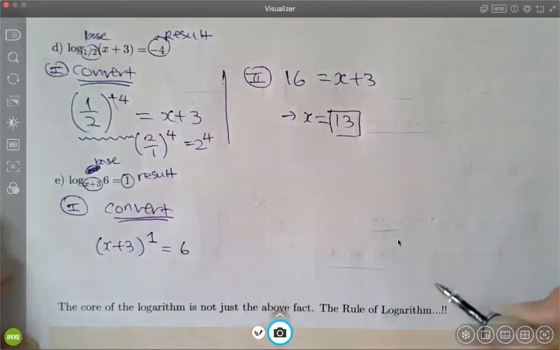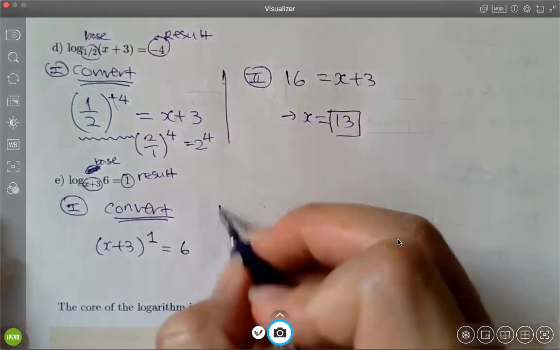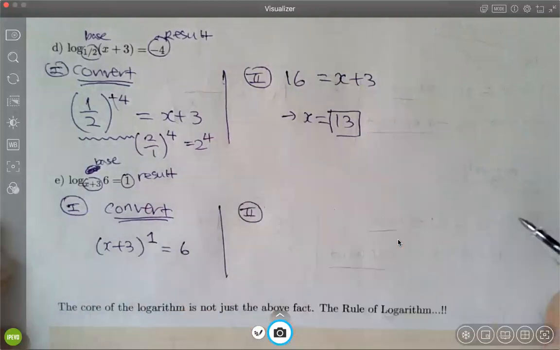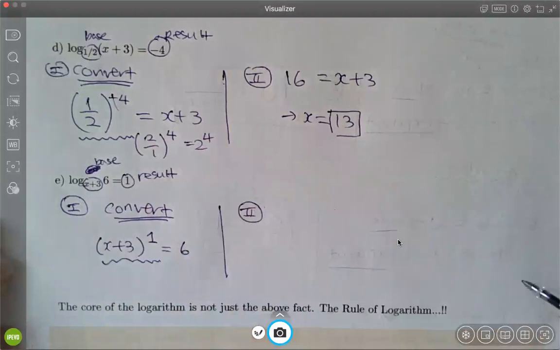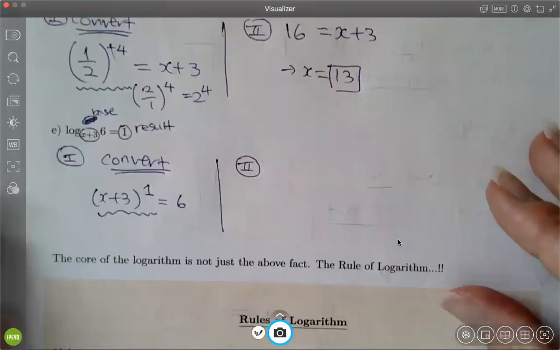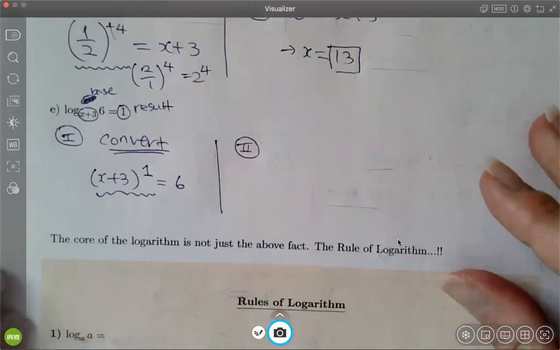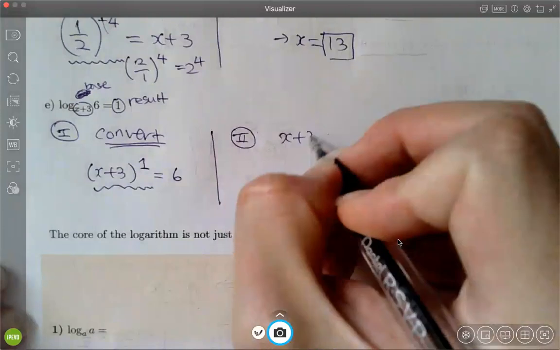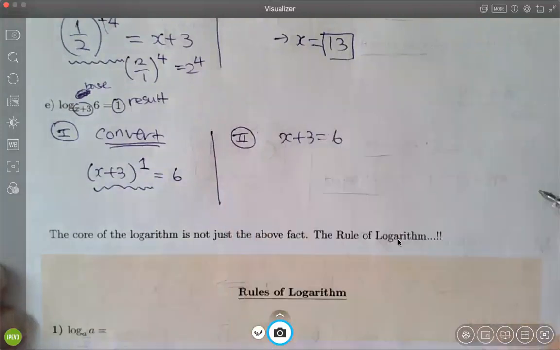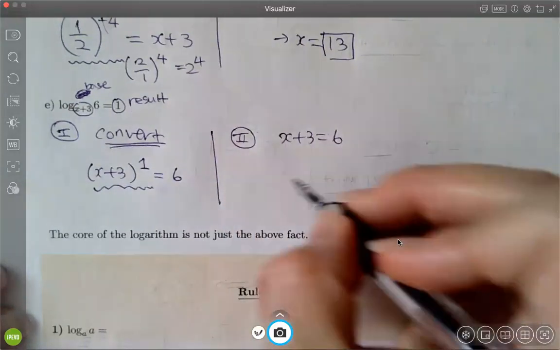What is x plus 3 to the first power? It's x plus 3, right? Anything to the first power is itself. So x plus 3 is equal to 6, so x is equal to 3.